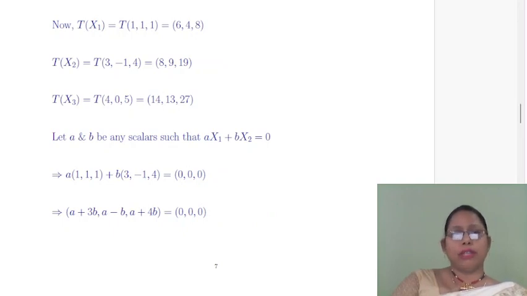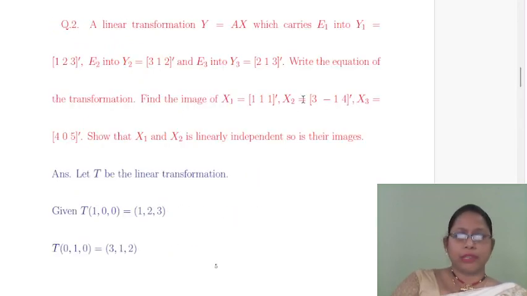Now find the T image of x1, x2, x3. Here x1 is given as (1, 1, 1), x2 is (3, -1, 4), and x3 is (4, 0, 5).